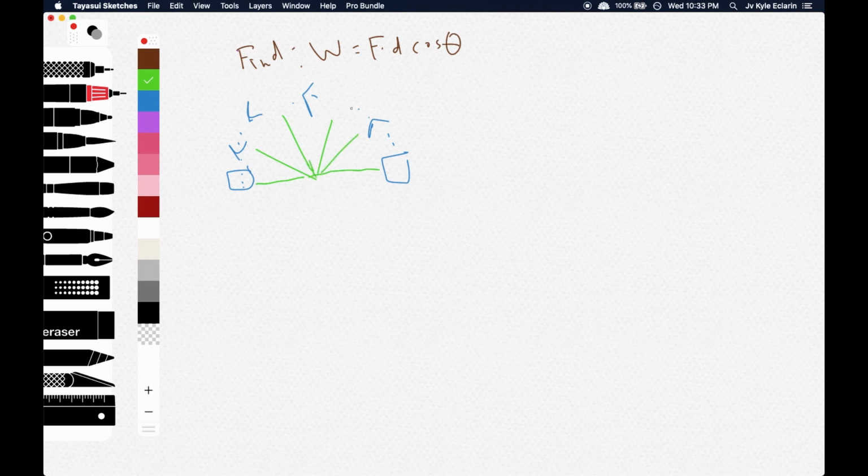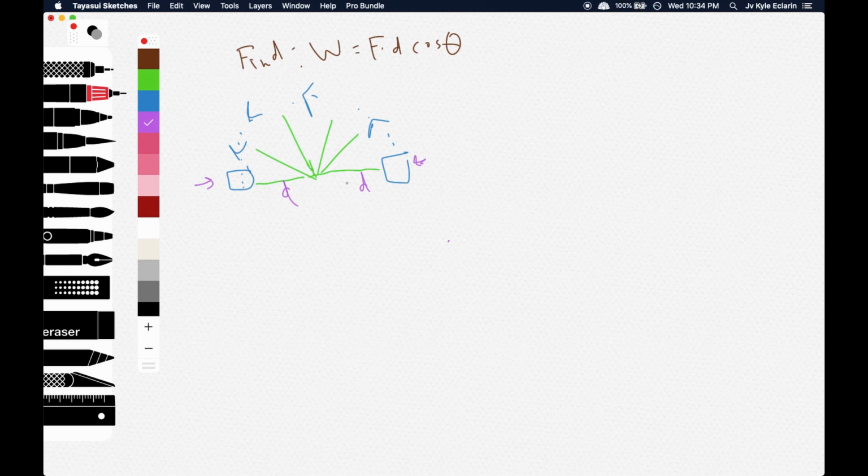We have to simplify the problem just a little bit. So what we can say is if we just look at this part and we look at this part, they're going at opposite directions. So the distance is the same. See? Distance, distance, but they're in opposite directions.